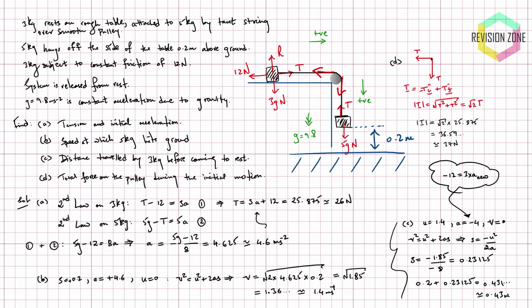But then I take the square root of 2 and the square root of T squared, which gives me root 2 T. And we know what T is because we worked it out in part A. And again, I'm going to stick in this number to full accuracy. And when I do that, I get this number here, 36.59. So again, keeping to the accuracy we've been working with, the total tension on the pulley works out to be 37 newtons. Okay, so we've answered this question entirely.